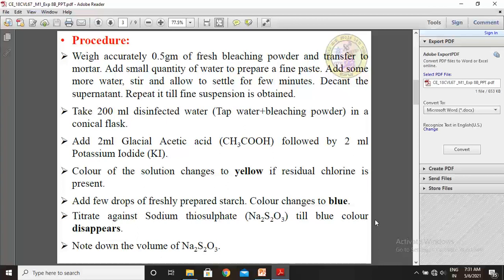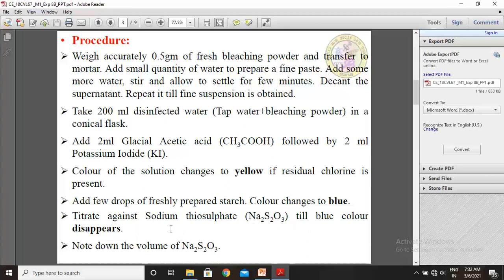Next, add few drops of freshly prepared starch. Color changes to blue. Next, titrate against sodium thiosulfate till blue color disappears.